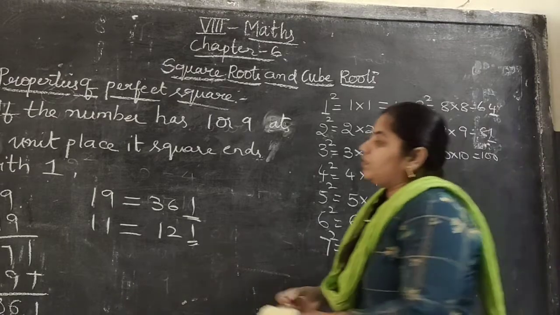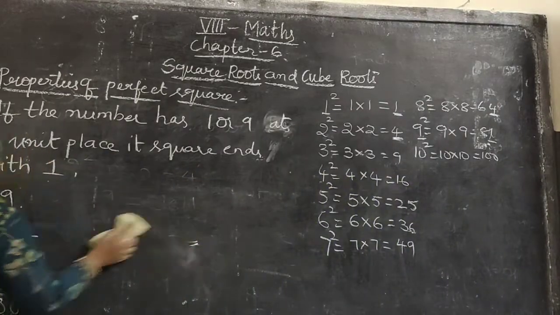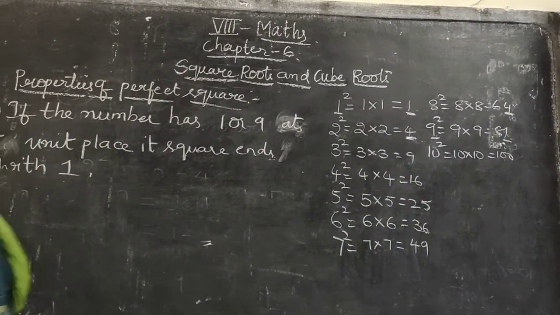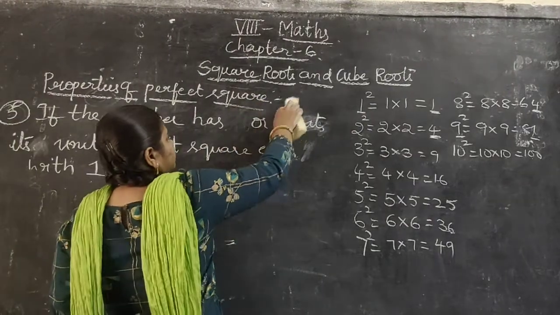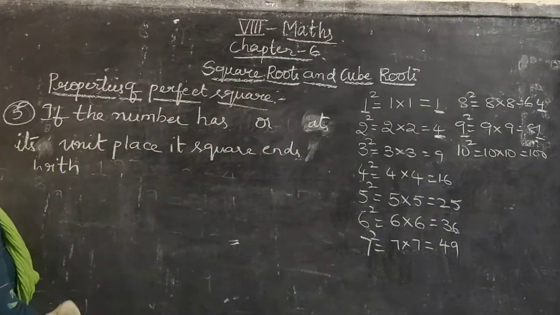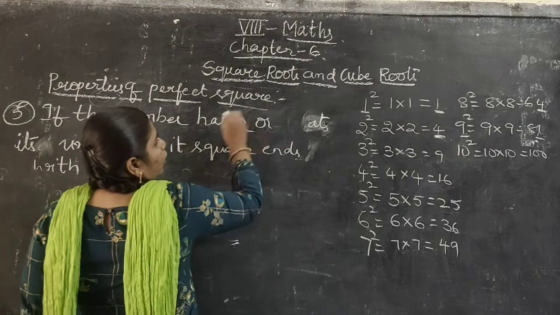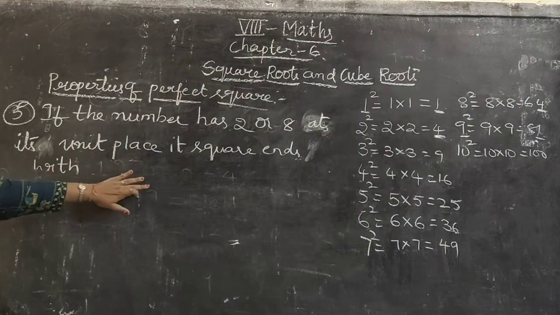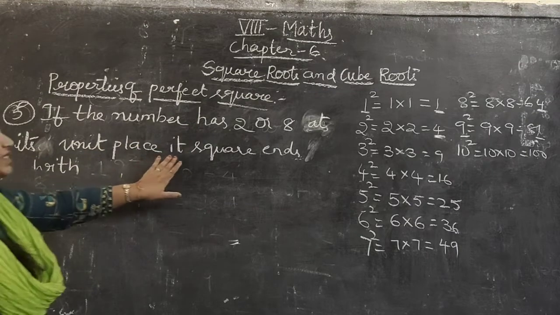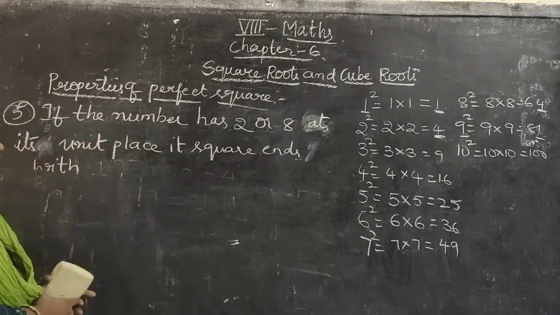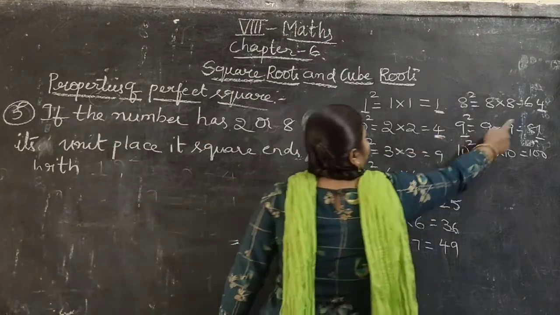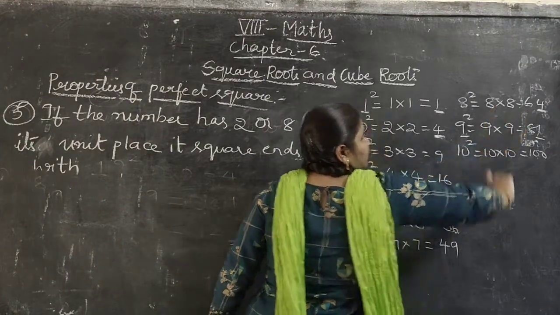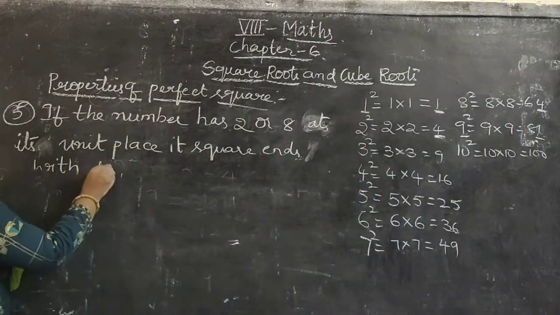So what is here? The number has 2 or 8 at its units place. If your units place is 2 or 8, the square number always ends with which digit? See here, 4 and 4. 64, the units place is 4. So it will be ending with 4.